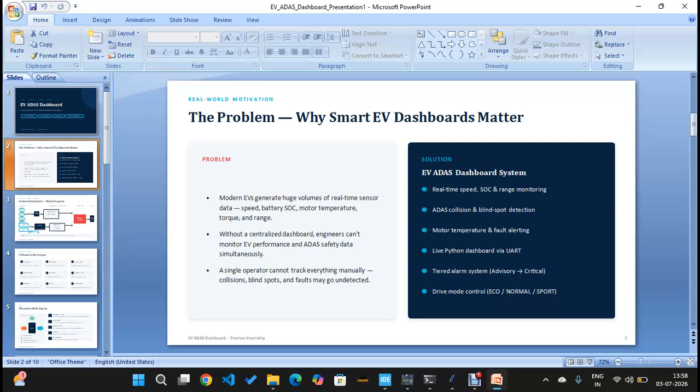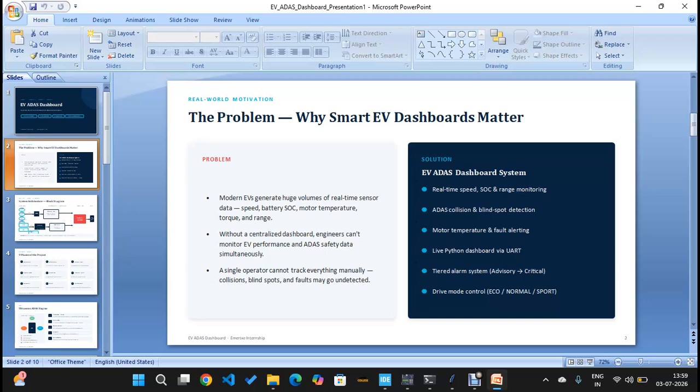All this data goes to waste in modern EVs. Without a centralized dashboard, engineers cannot monitor EV performance and ADAS safety data simultaneously, and a single operator cannot track everything manually, right? So collisions, blind spots, and faults may go undetected.